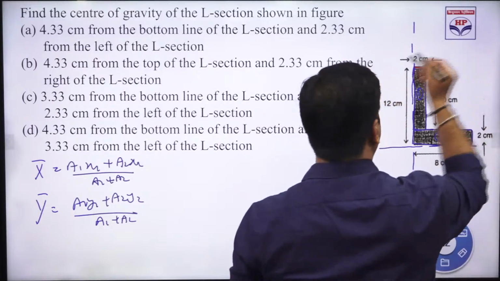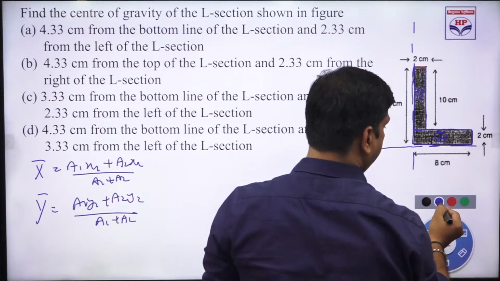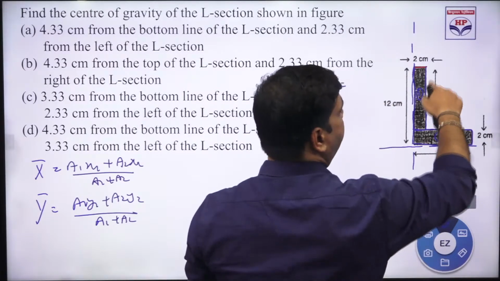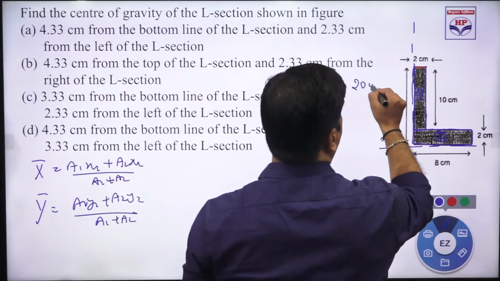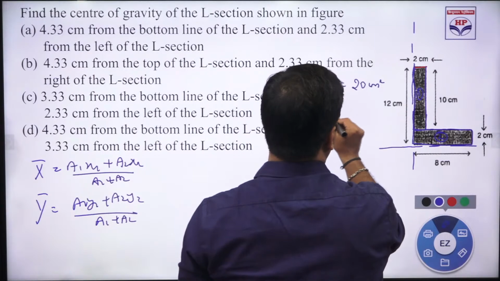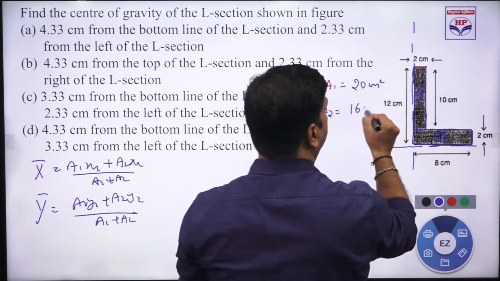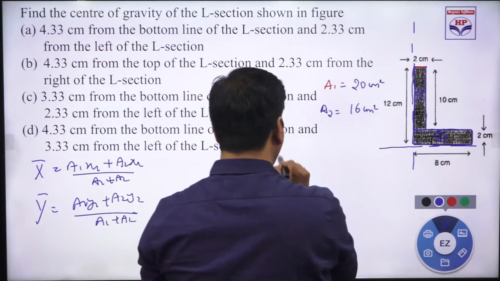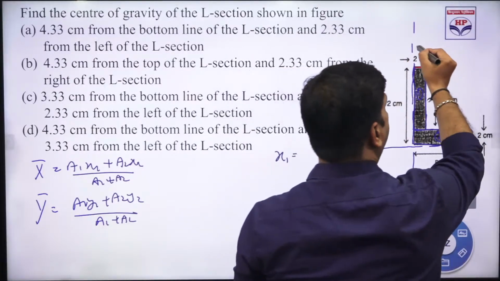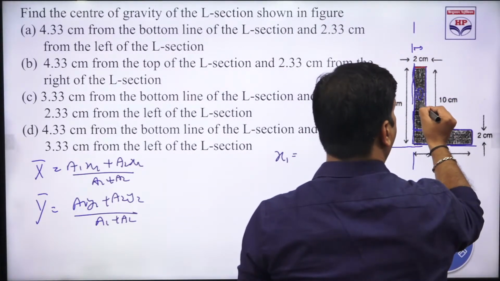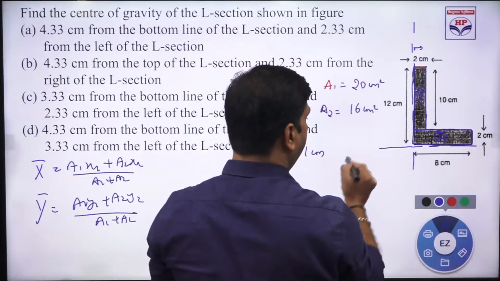If I write the A1, that is this length into this, 10 into 2, so 20 centimeter square. A2 came to be 8 into 2, that is 16 centimeter square. The x1 is the distance from that axis, so the centroid lies here and the distance is 1 centimeter.